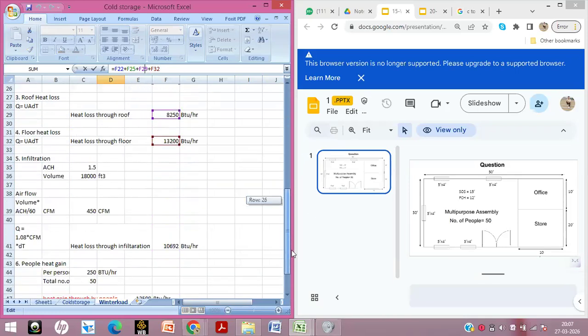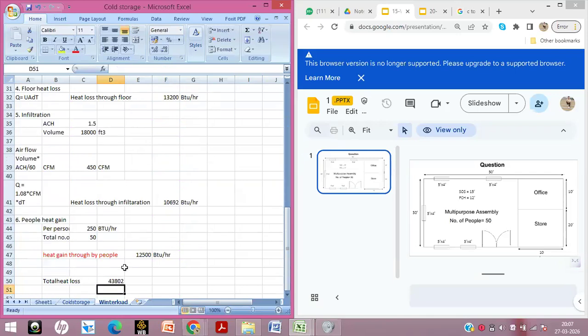Now we need to add the load due to infiltration, the heat loss through infiltration. So this is the total amount of heat that is going to be lost.